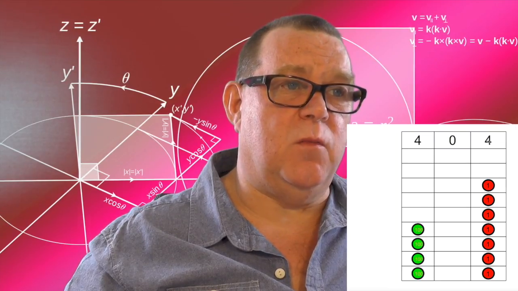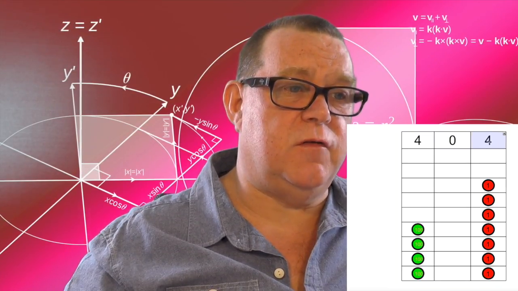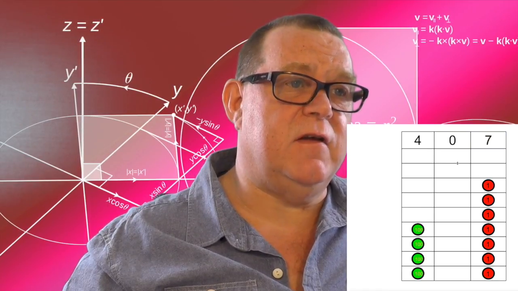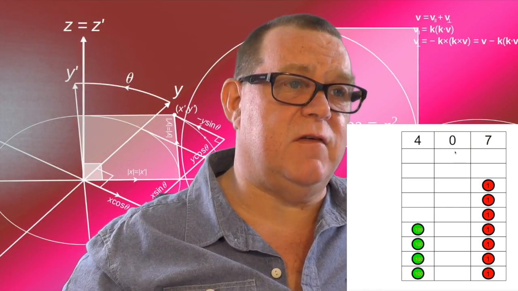We then look at the ones column and we have 1, 2, 3, 4, 5, 6, 7, so we change the digit to 7, and we have our final number now, 407.